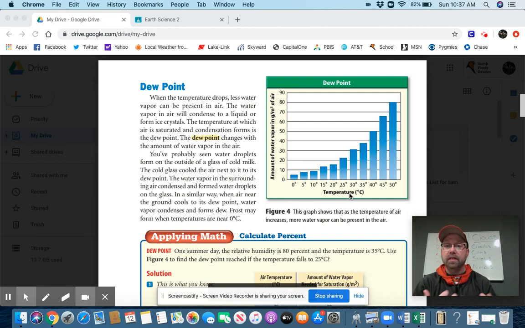It cools off at night. When it gets to the dew point temperature, the air is holding all the moisture that it can possibly hold and it starts to condense. And when it condenses, that forms the liquid that ends up on our grass, on our windows, or on our bike seat. So dew point is a temperature at which dew starts to form.